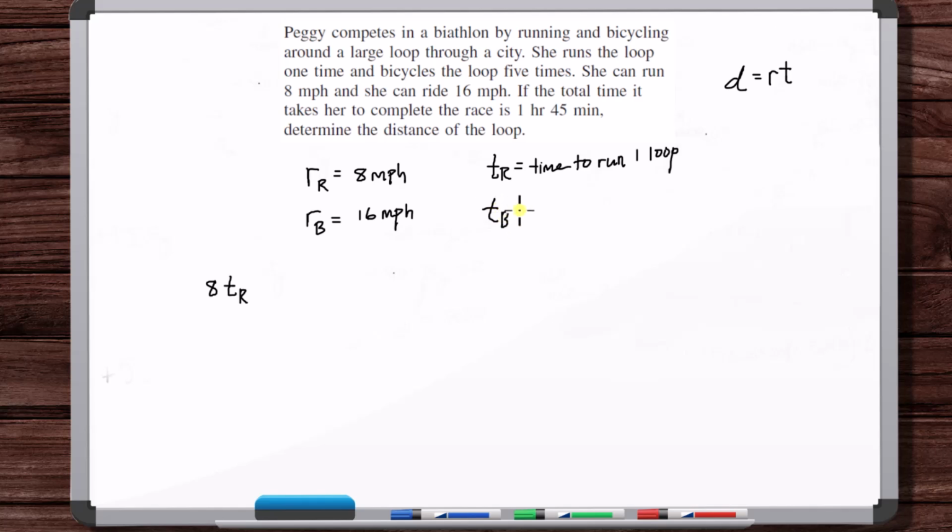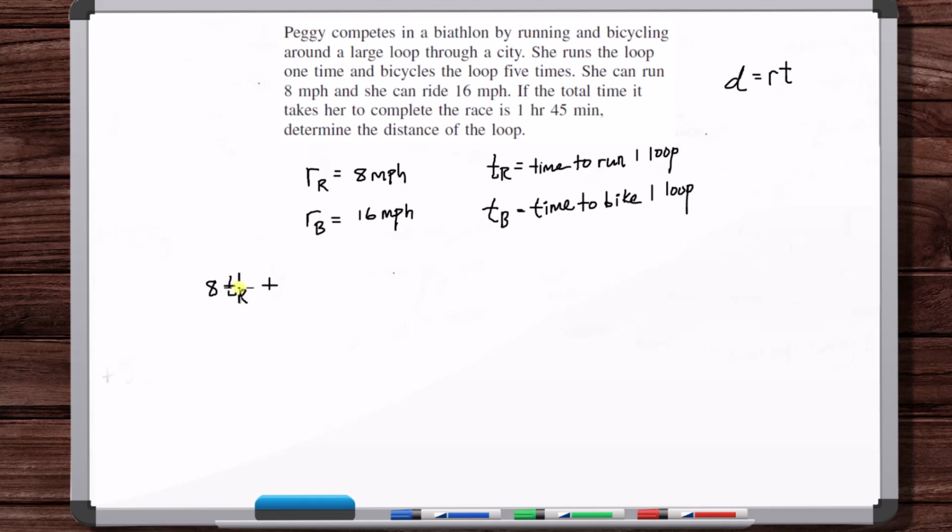TB is time to bike 1 loop. Okay, so 8 times the time to run 1 loop, and she only runs it 1 time.